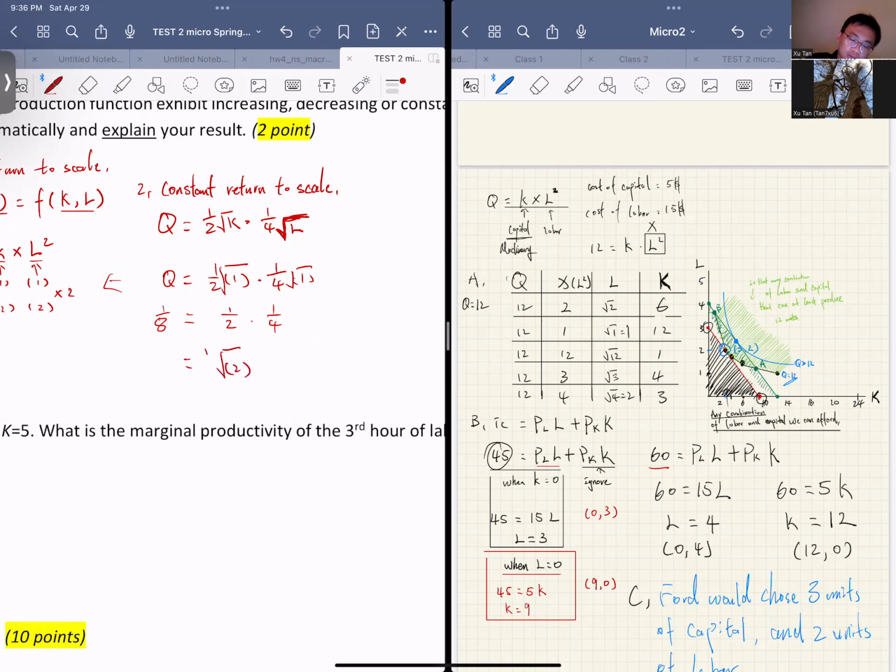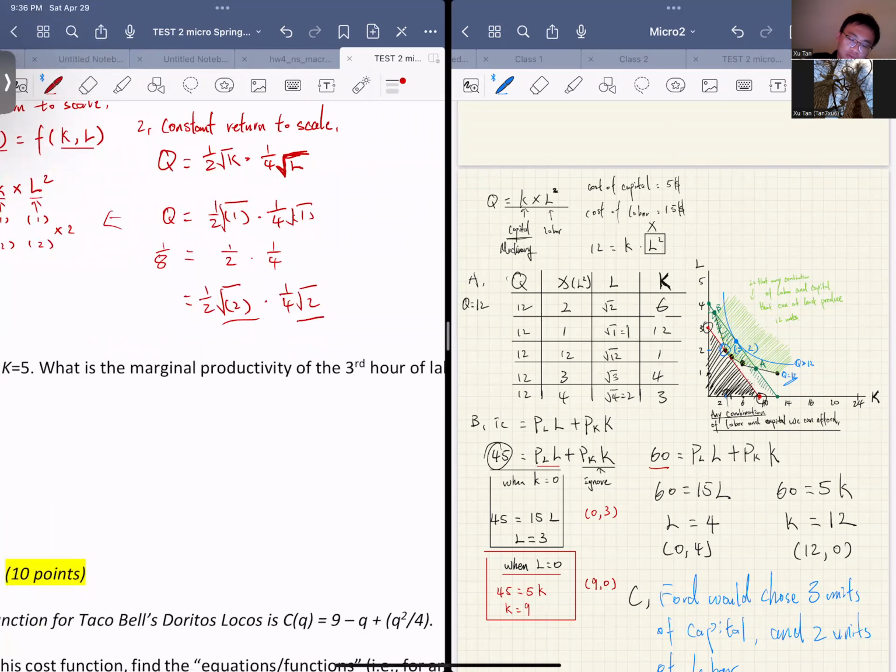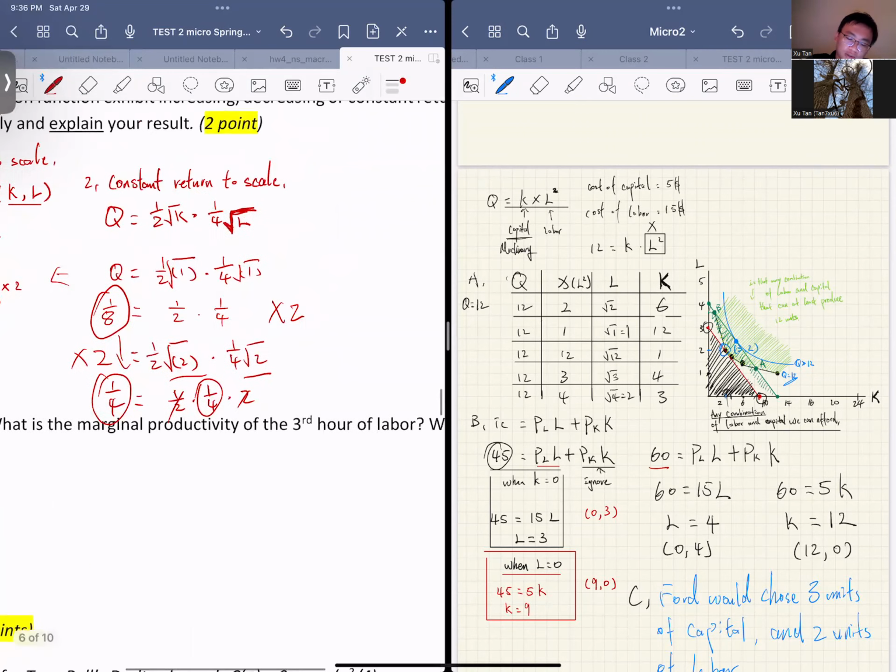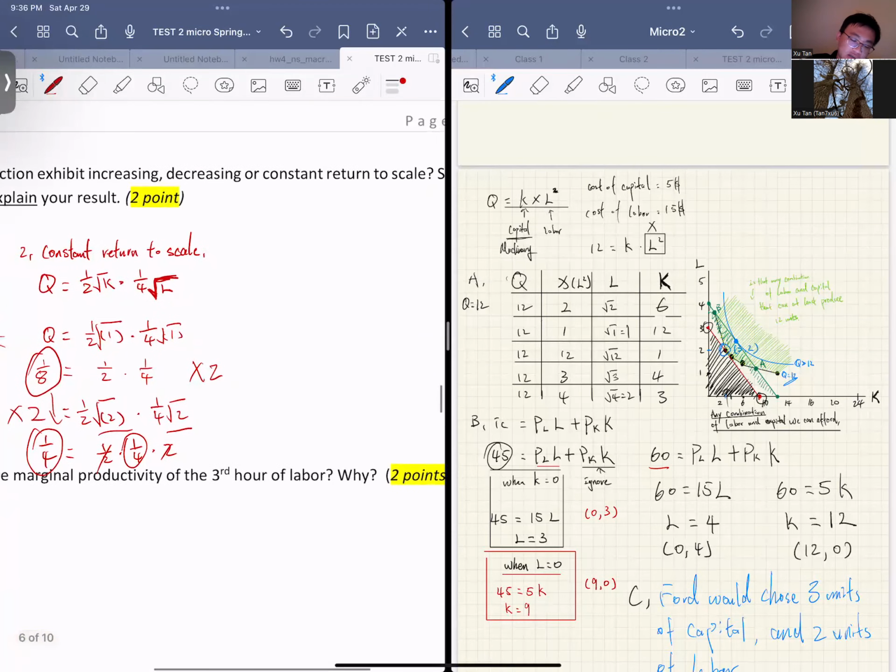It's 1/2 times 1/4 times the square root of 2, times the square root of 2. The square root of 2 times the square root of 2 is 2, so 1/2 times 1/4 times 2, the 2 cancels, so we get 1/4. So if we double everything, we double the output. That's constant returns to scale.